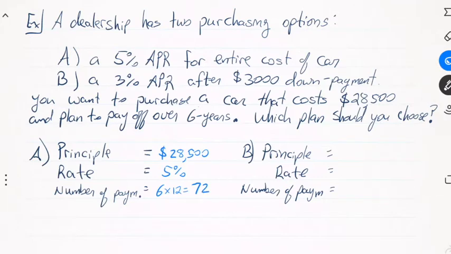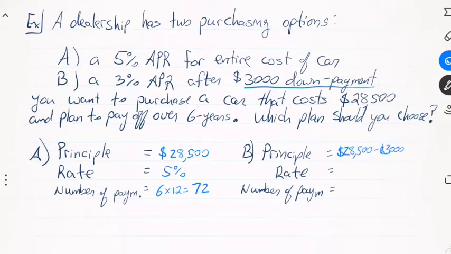All right. Now, the principal for Plan B, after a $3,000 down payment. Now a down payment doesn't mean you're going to still borrow $28,500. You're actually paying part of the cost of the car, so you're going to reduce your $28,500 by $3,000.